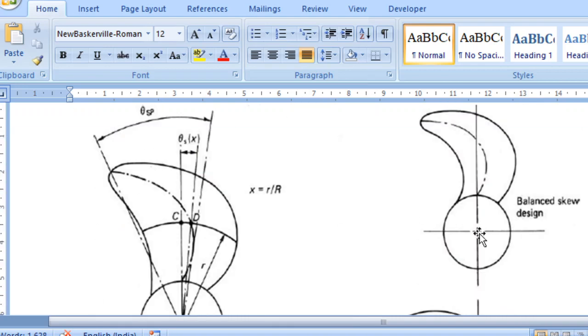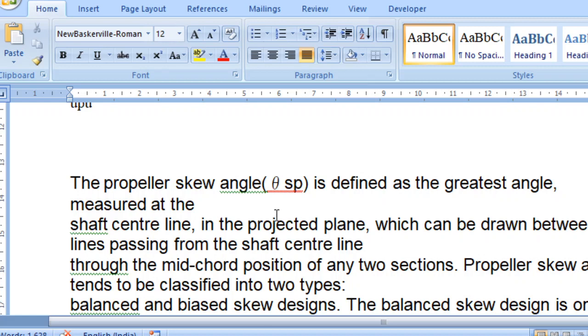The definition is as follows. The propeller skew angle is defined as the greatest angle measured at the shaft center line in the projected plane, which can be drawn between lines passing from the shaft center line through the mid-chord position of any two sections.